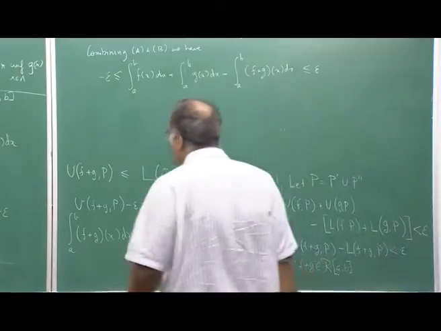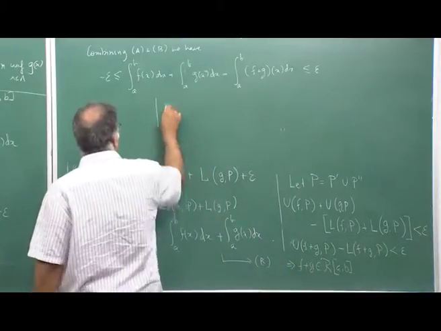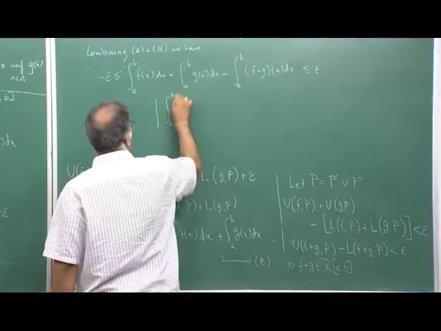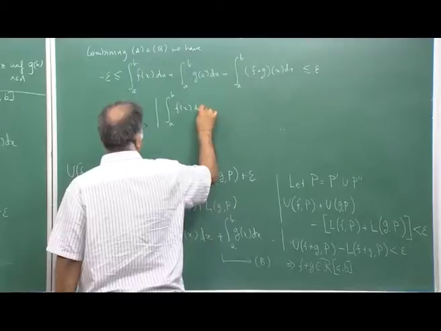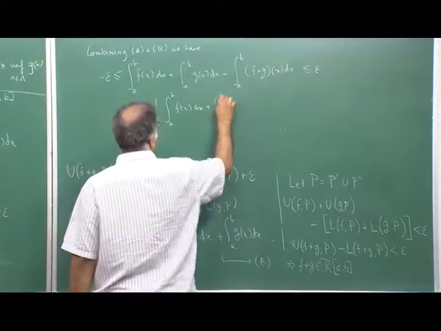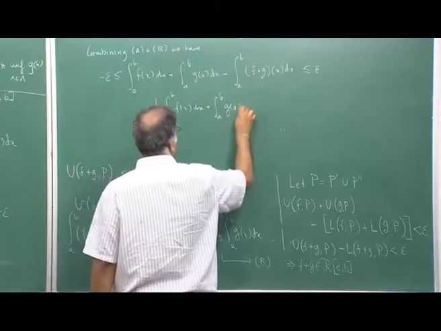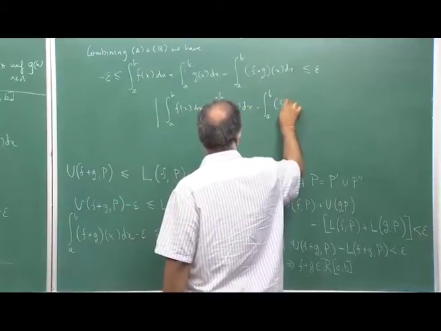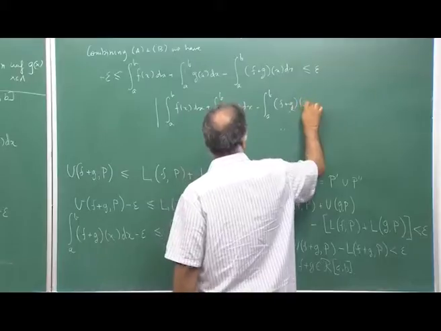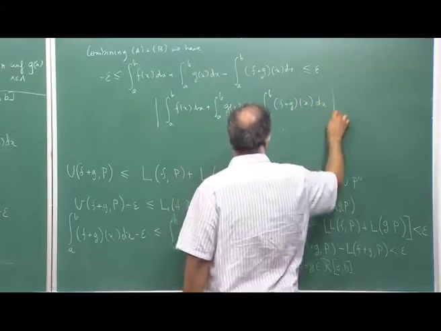Or if you want to be more precise, this simply means the integral a to b f x dx plus the integral a to b g x dx minus the integral a to b of f plus g x dx is less than epsilon.